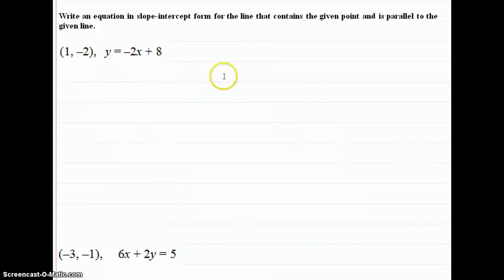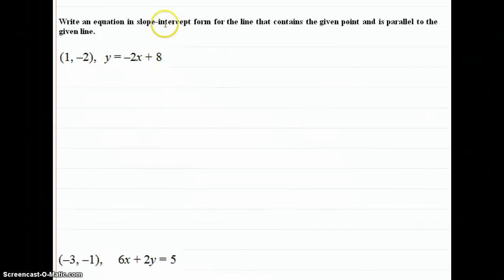Alright, so the first question says write an equation in slope-intercept form. We know what slope-intercept form is, that we just looked at. So we want our final answer to look like this: y equals mx plus b. For the line that contains the given point and is parallel, as soon as we see that word parallel, we think same slopes, so that contains the given point and is parallel to the given line.